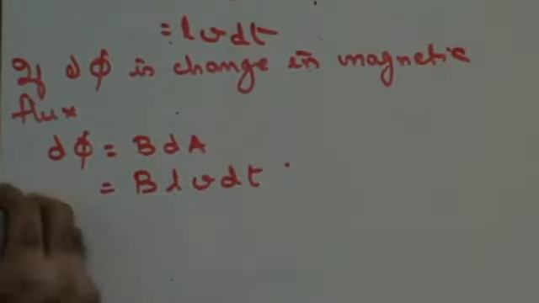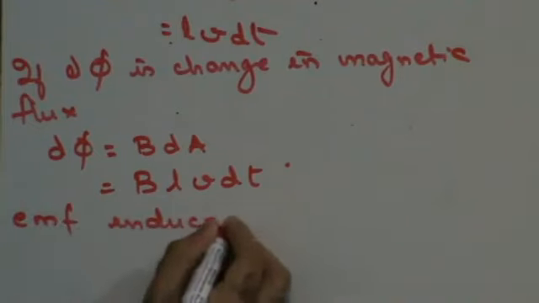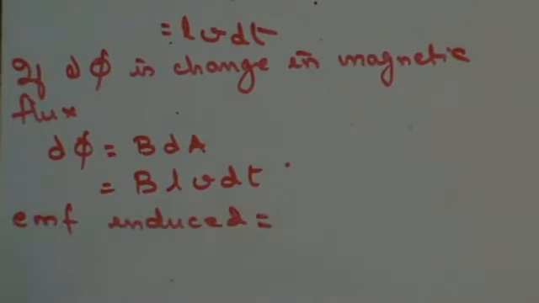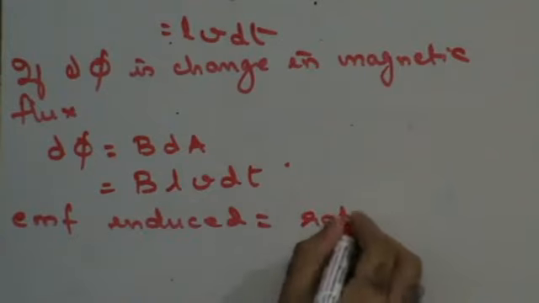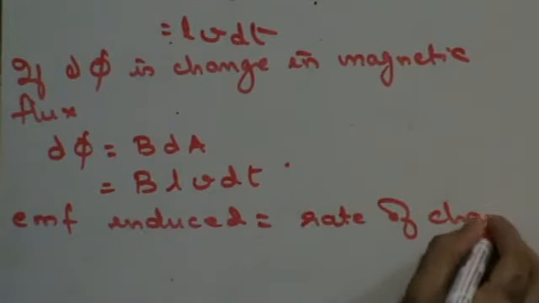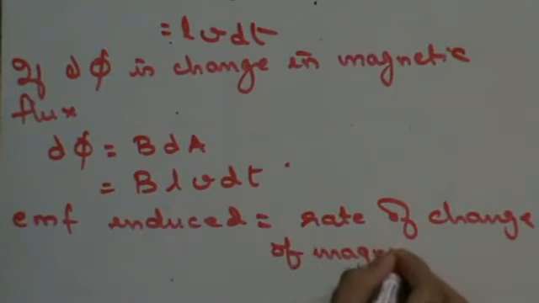Now, in that case, how do I find out the EMF induced? EMF induced is nothing but the rate of change of magnetic flux.